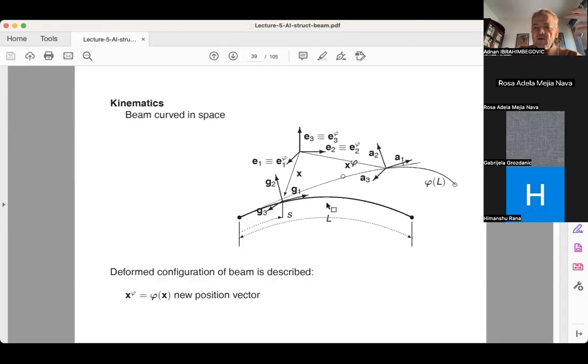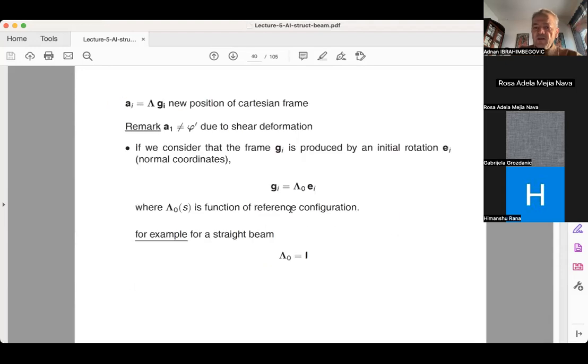But I can just easily compute the derivative of the position vector at any point where I'm trying to build this frame and get my G1, and then take a G2, a G3 to be mutually orthogonal and orthogonal to G1. Hence, I have a lambda positioning the G basis into the A basis. And I have lambda 0, which is positioning the global basis EI into the local basis GI.